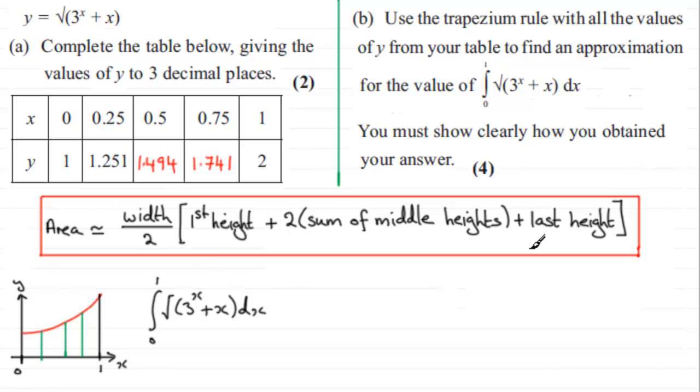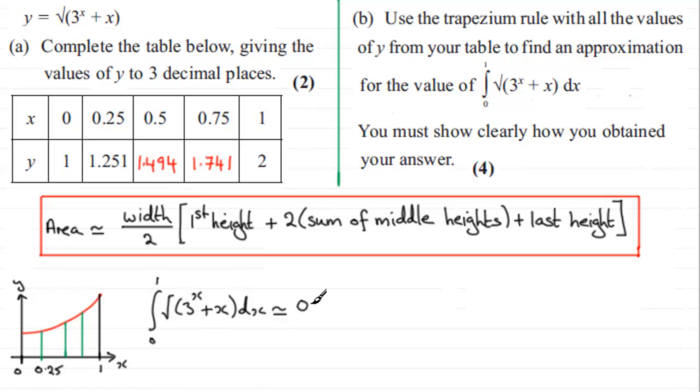By using the Trapezium rule, we can say that this is approximately the same as the width of a strip, and we can see what the width of a strip is. They're all meant to be the same, and that would be 0.25, because this first x value here is 0.25 and so on. They're all of width 0.25.